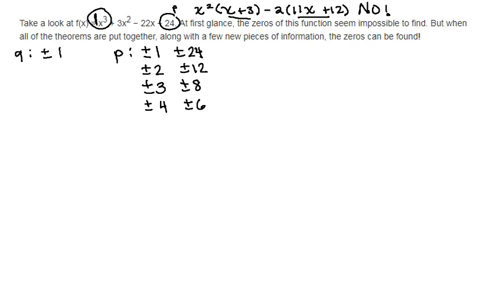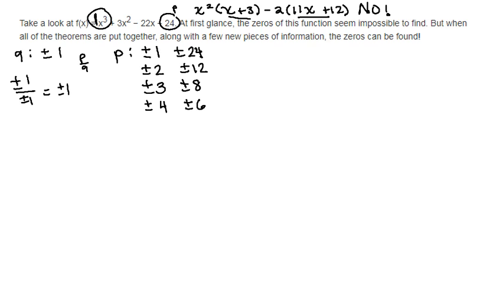And then as we go through the rational root theorem to decide the possible roots of this function, we do each p divided by each q. And lucky for us, the only q we have is plus or minus 1, so it's just going to divide evenly into each of these. For example, plus or minus 1 over plus or minus 1 leaves me with plus or minus 1.